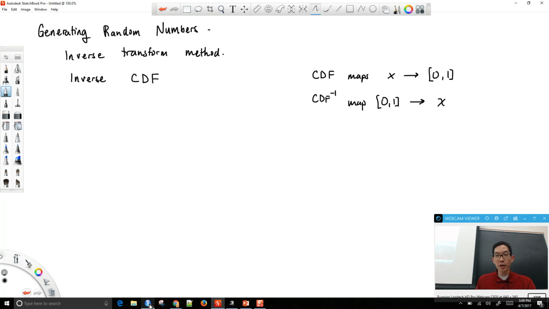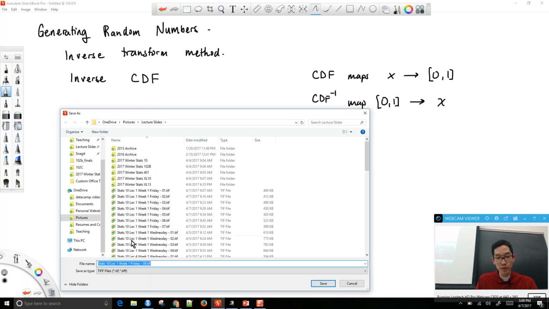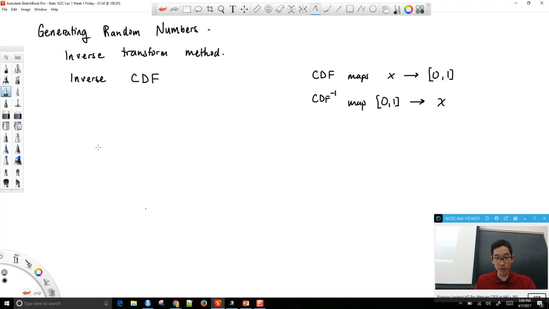And with R, first of all, R includes a random generator function, which makes our life easy. So if you wanted random normal, you can do Qnorm.